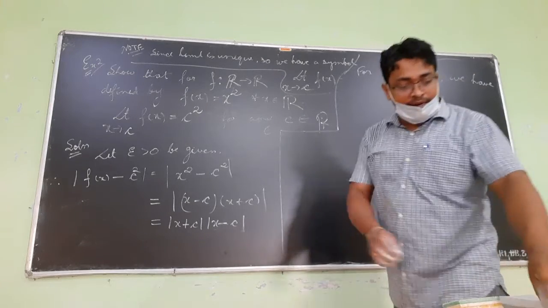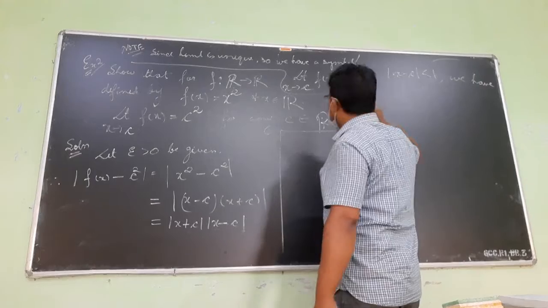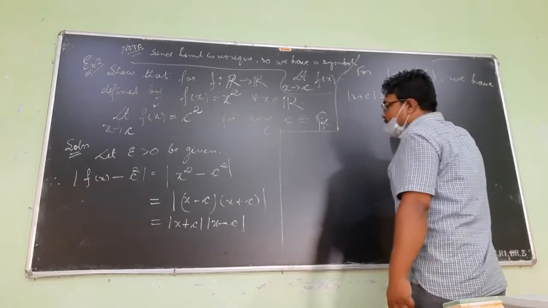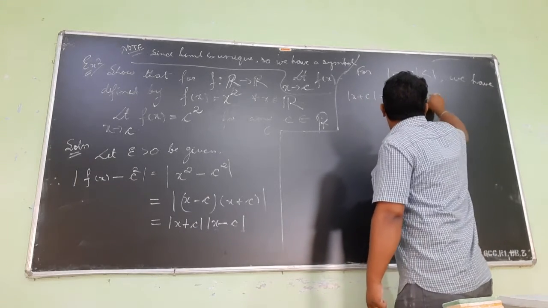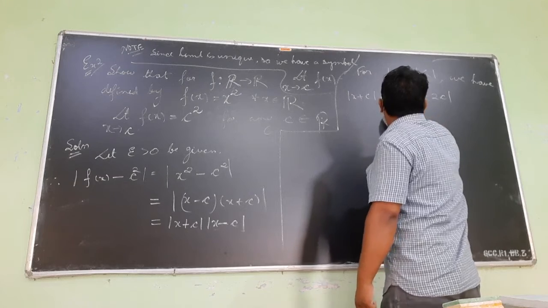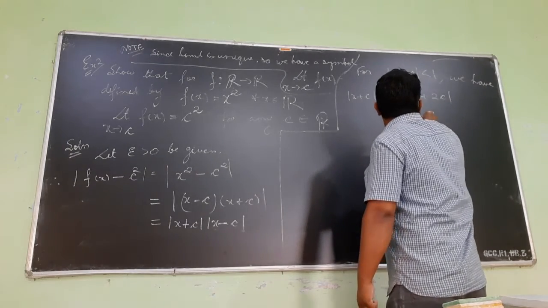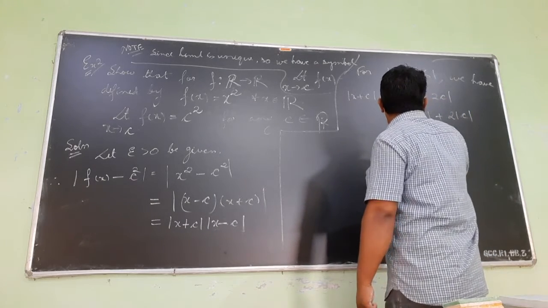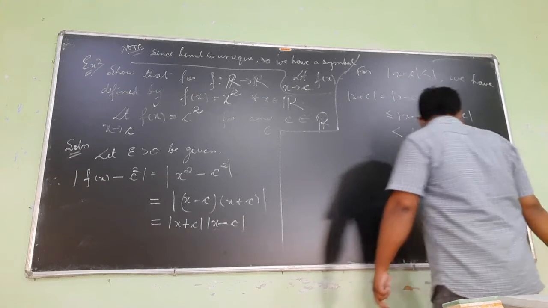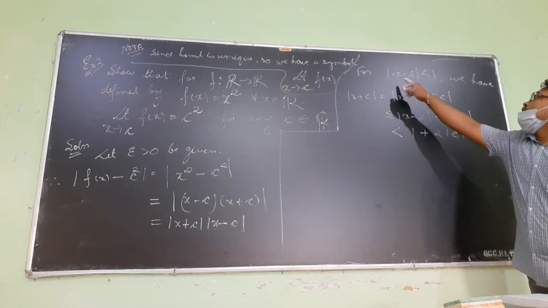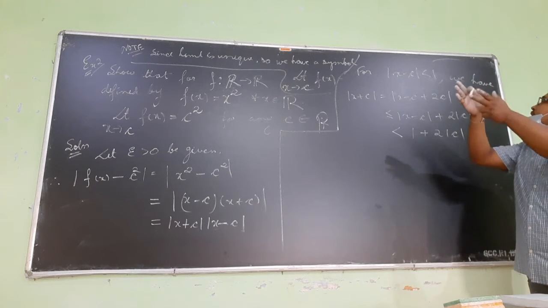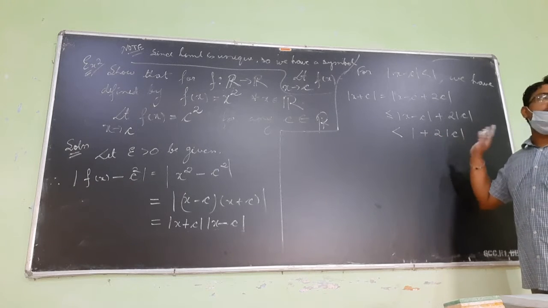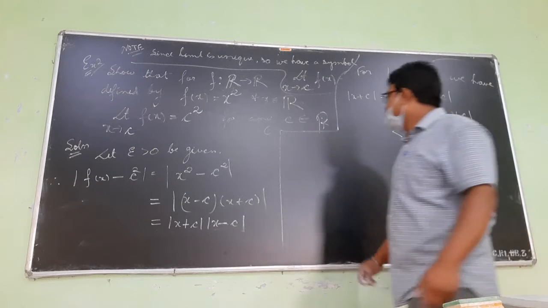Mod of x plus c is equal to mod of x minus c plus twice c, which is less than or equal to mod of x minus c plus twice mod c, and this can be written as less than 1 plus twice mod c. If we take mod of x minus c less than 1, then mod of x plus c is less than 1 plus twice mod c. We can always write this.